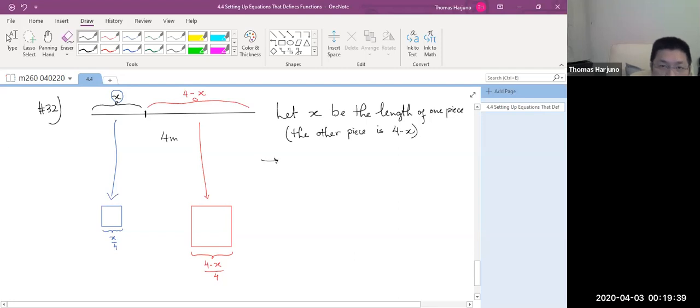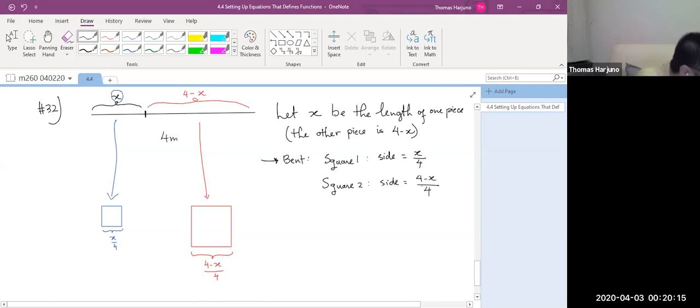Now when we bend, it becomes two squares. Square number 1 has the side equal to x over 4, and square number 2 has the side 4 minus x over 4.